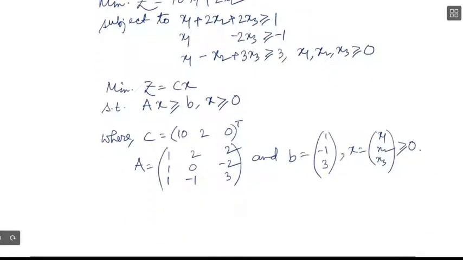So we get the primal problem in the form: minimize z equals to cx subject to Ax greater than equal to b, x greater than equal to 0. That is in the minimization symmetric form.